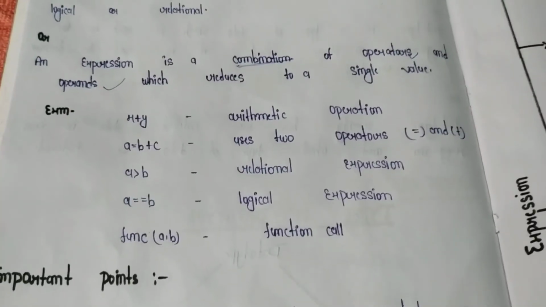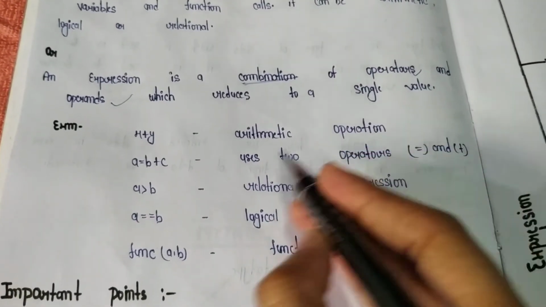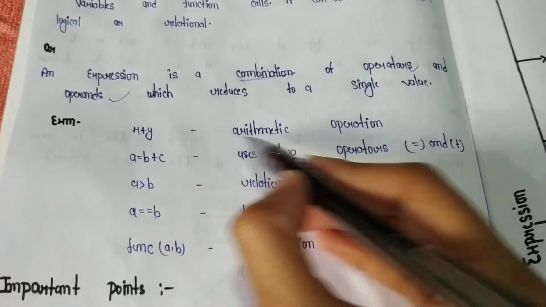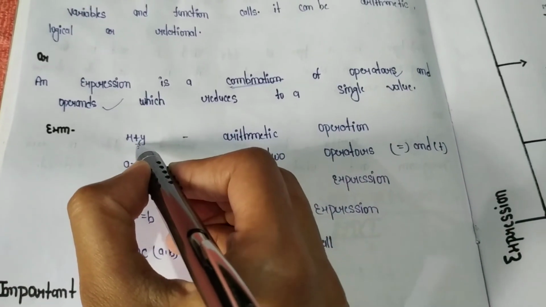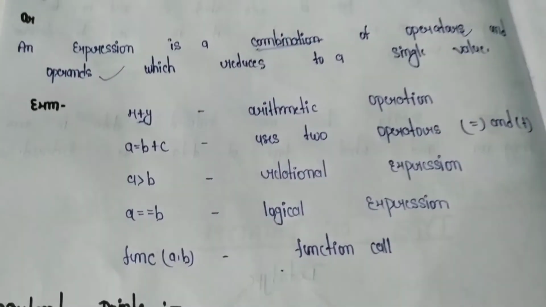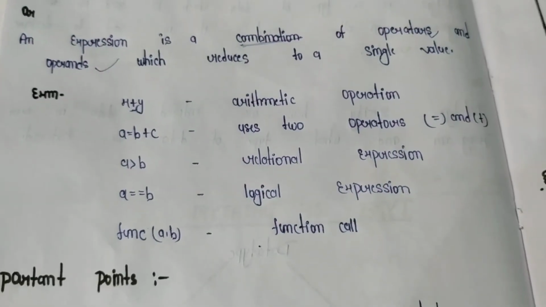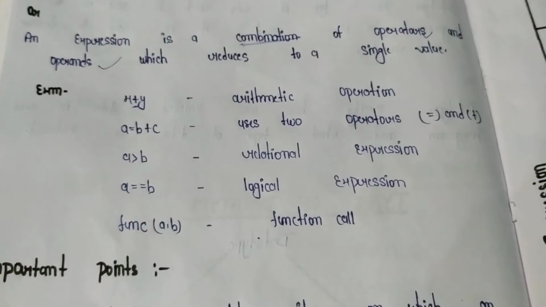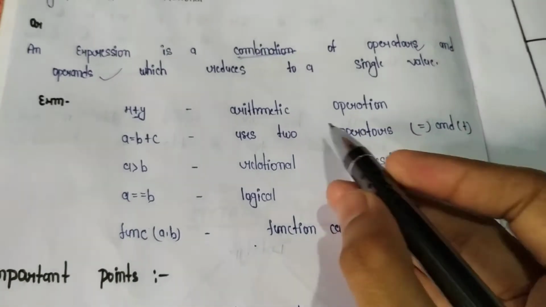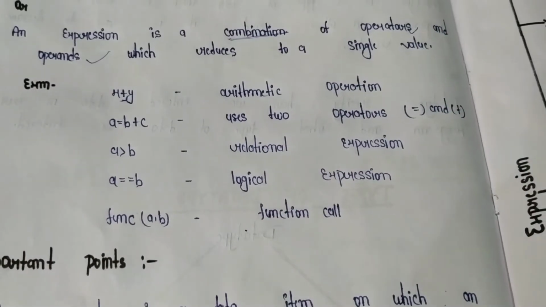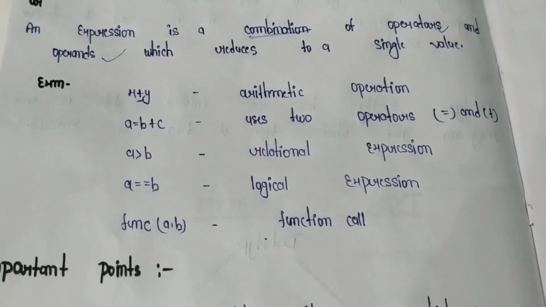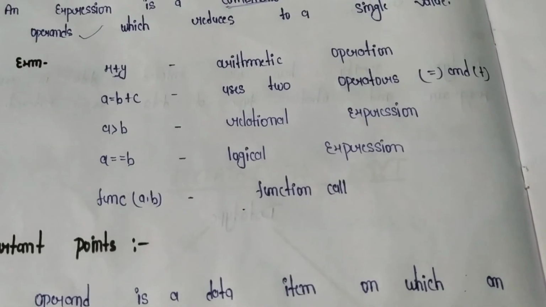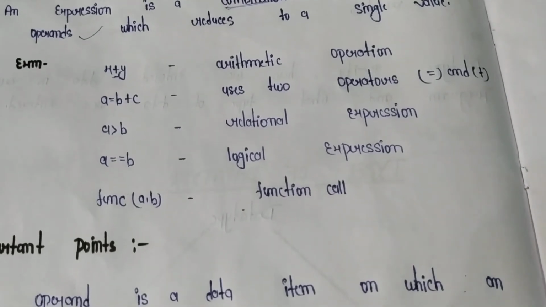Clear? For example, we can see here x plus y means an arithmetic operation. Here the symbol is also called an arithmetic operator. In the previous video, we have already discussed operators like arithmetic, relational and logical in the classification of operators, right?